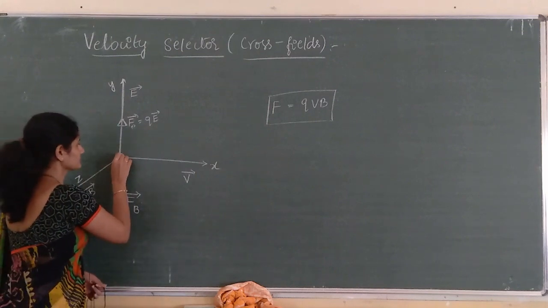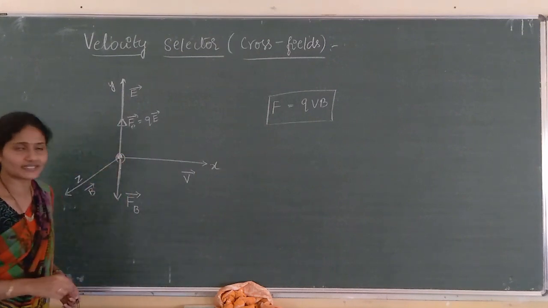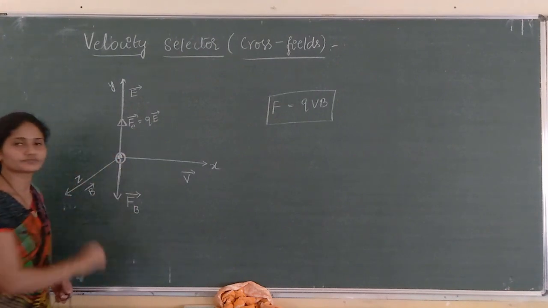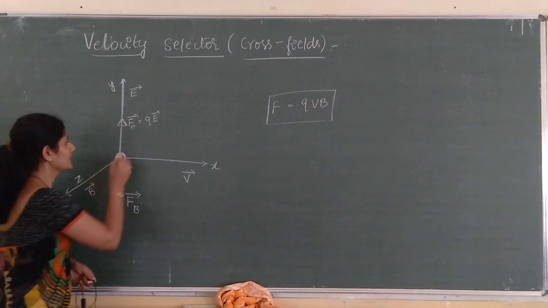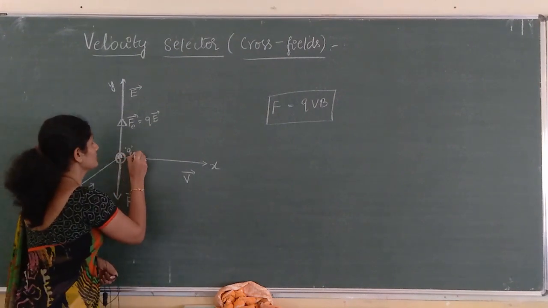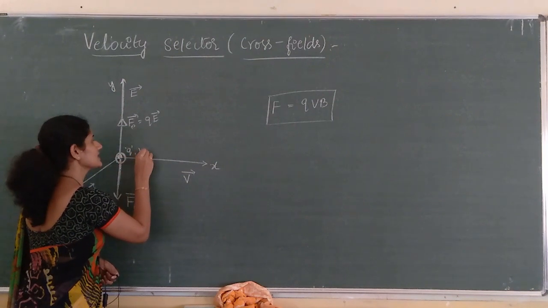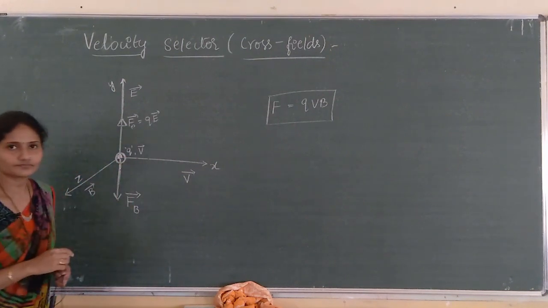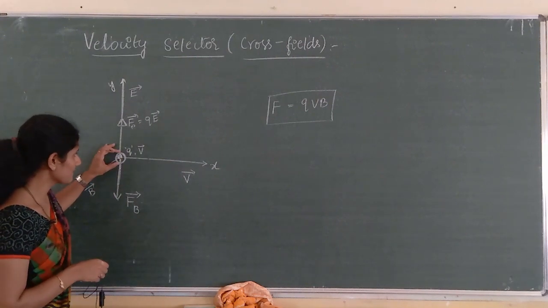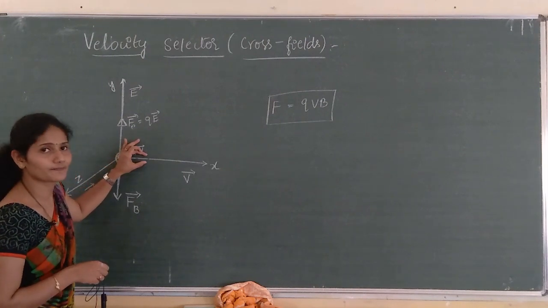Now, consider a charged particle which enters this field. Let Q be a charged particle which is moving with the velocity V. This charged particle will enter the field and it will move like this.